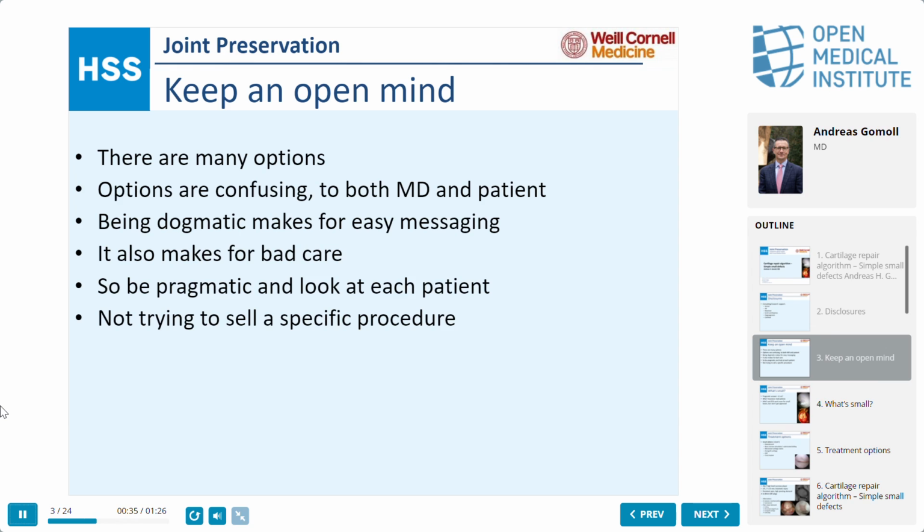So keep an open mind. There are many options, and having many options can be confusing, both to the physician and the patient. And I think some of my colleagues find it easier to be dogmatic and only do the one thing, because that makes the discussion very easy, because there's no discussion. If you need an ACL, you do a patella tendon, that's it.